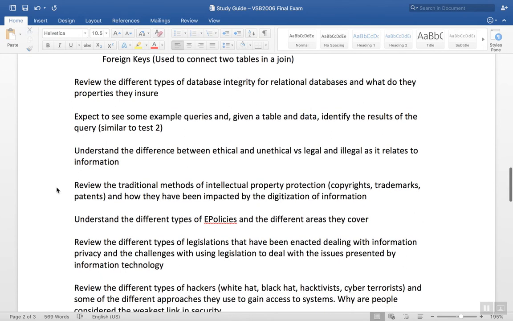You want to take a look at some of the traditional methods. We talked a little bit about this around intellectual property: copyrights, trademarks, and patents, and the idea that they've been affected by the digitization of information. They've been around since the 19th century, so they're fairly well-established means of protecting intellectual property.